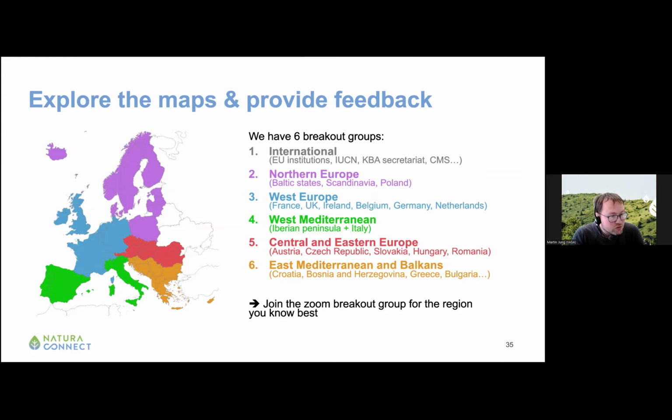So we would ask you to join the Zoom breakout group for the region that you know personally best. For instance, where you already have some previous knowledge of the region, or you're very familiar with the biodiversity strategy or other targets and highlights there. We will assess how many people join each breakout group, and if there may also be synergies. That's something we will see then. Okay, next slide.